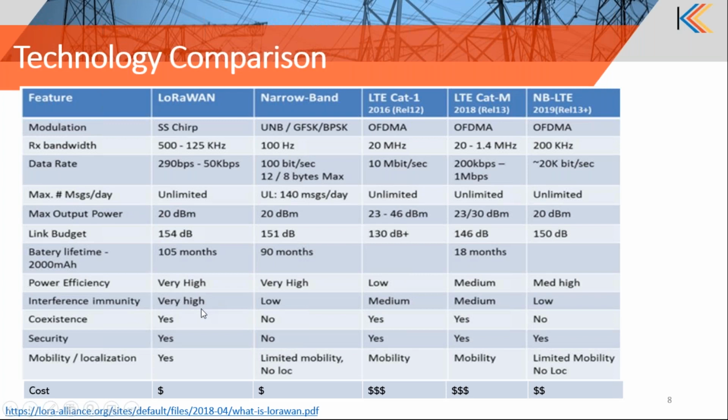And let's look at the cost factor, which is also critical for MV and LV. You can see that the cost of LoRa would be less compared to LTE or NB-IoT technology options, mainly because LoRa uses unlicensed ISM bands, but in the case of LTE and other cellular technologies, licensed bands are used for communication.